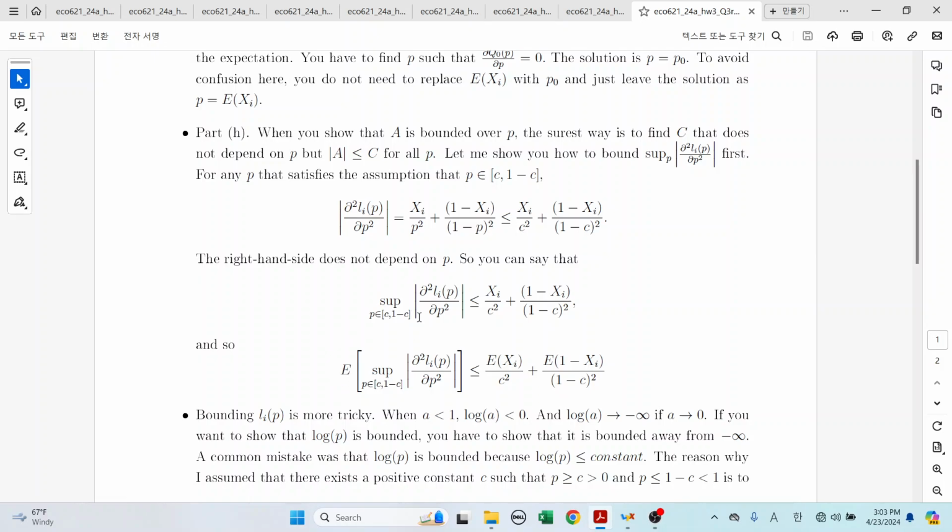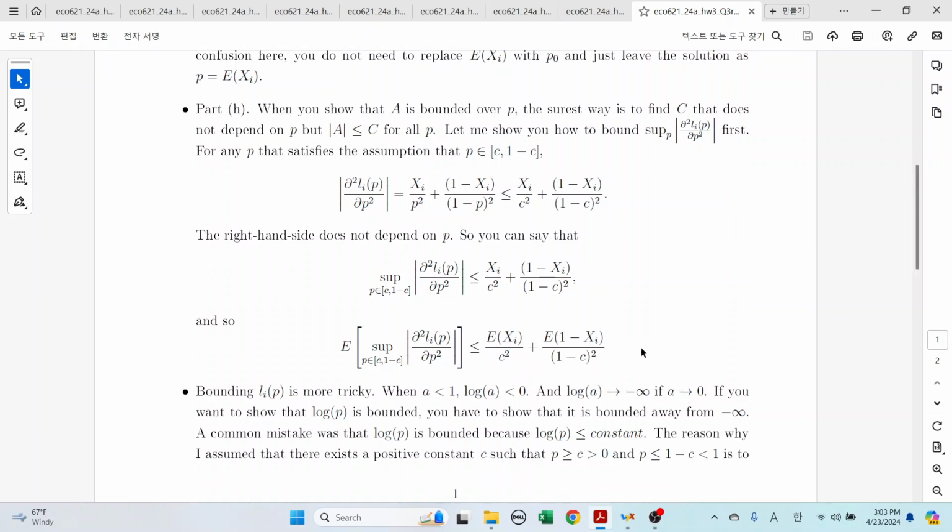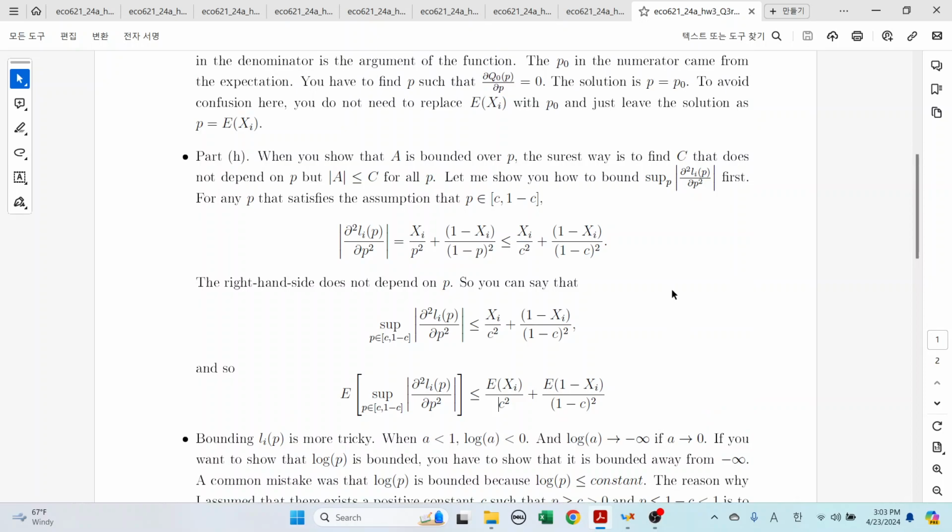So if you take expectation on both sides, you are going to get this expectation on the right hand side. Okay, right? And then this is a clear constant. It is a constant. It is not random. It is a constant, so it is obviously bounded, right? Okay, this is a good example of how to bound, how to find a bound mathematically.